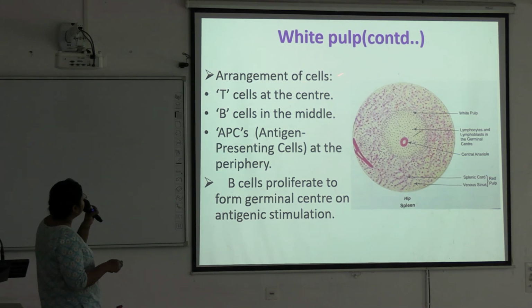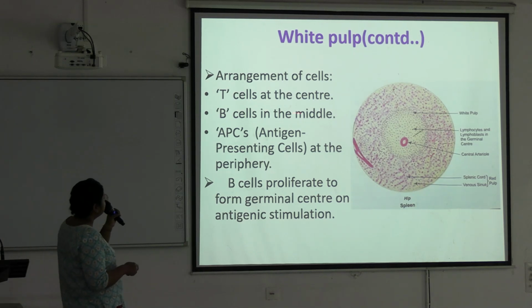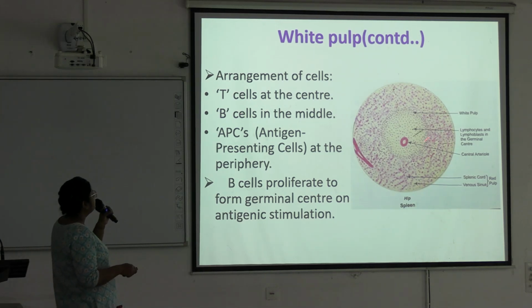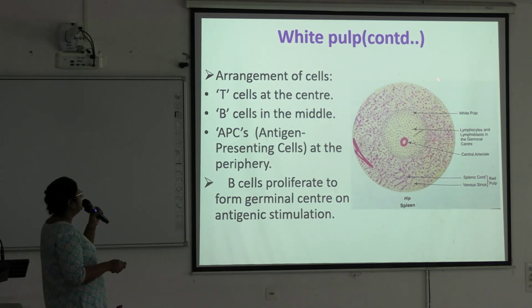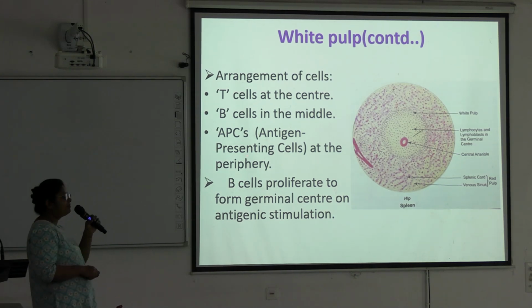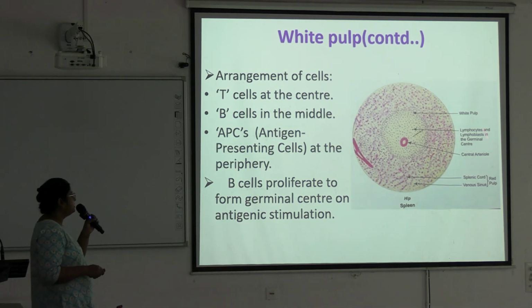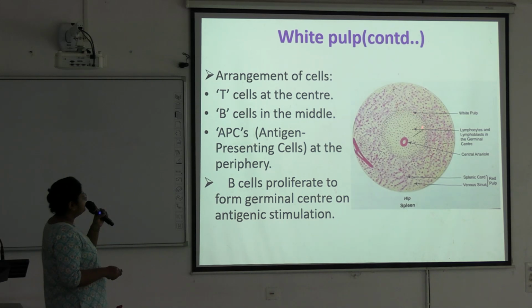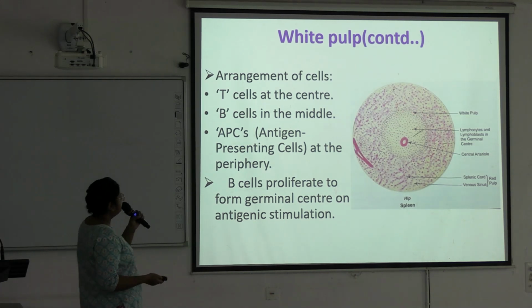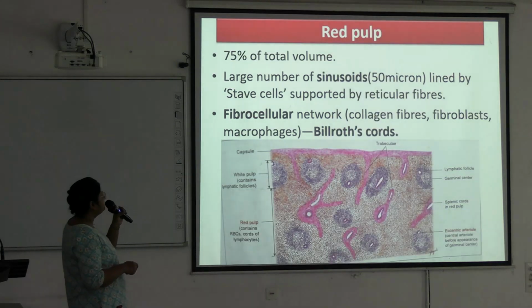So T cells are located at the center, B cells in the middle, and antigen presenting cells at the periphery. B cells proliferate to form the germinal center on antigenic stimulation. So in this area, generally the germinal center is formed. Next, in the middle area, we have B cells.